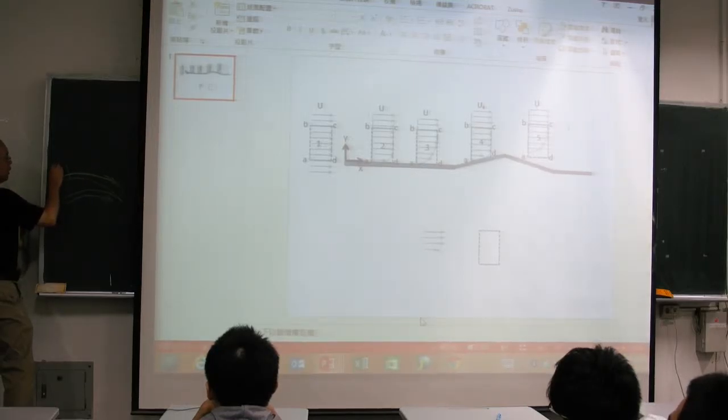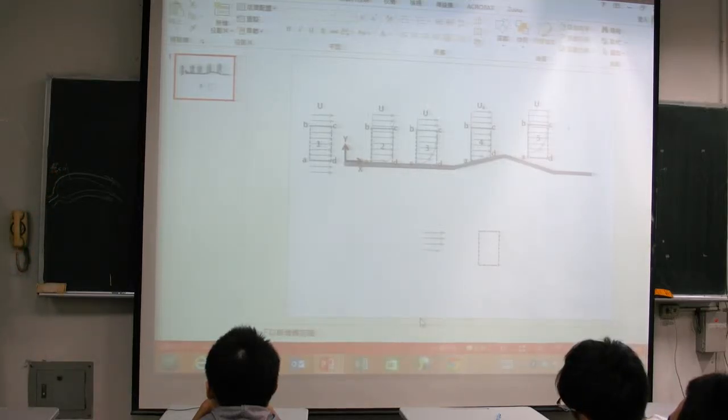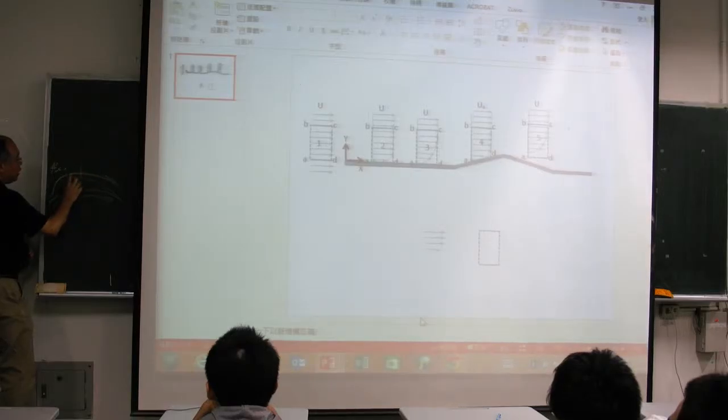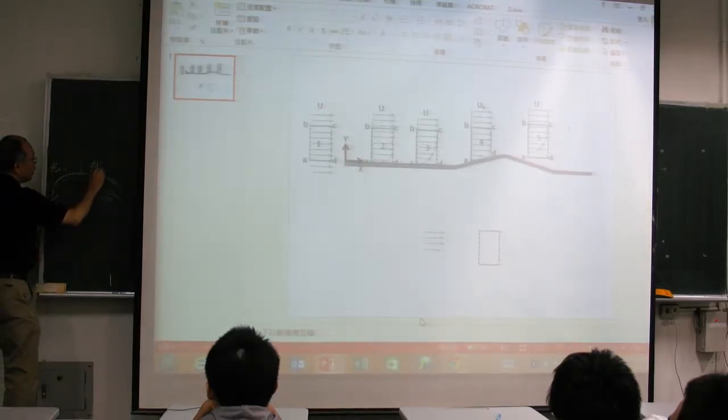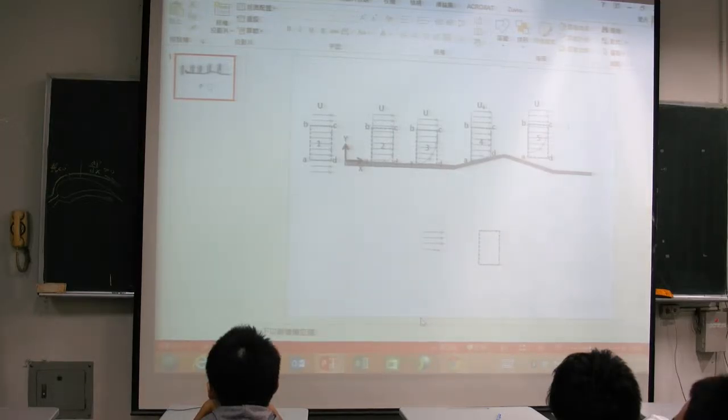This is dp/dx less than 0, right? A favorable pressure gradient. When you go in a certain direction, once you expand, dp/dx will be greater than 0, right? It's a large angle of attack.